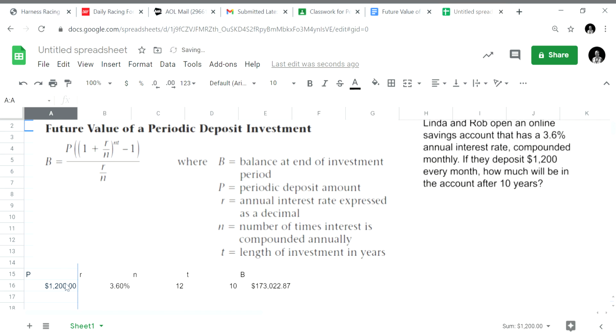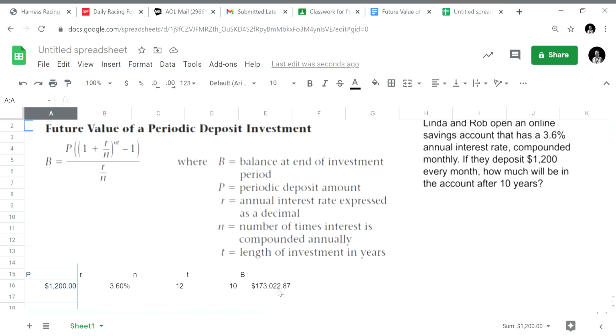It makes that money, and then it also converts this to money because we used this in our column. So you see what happens is if you deposit $1,200 every month, and you do that for 10 years, you're going to end up with $173,000. That kind of stuff grows pretty quick when you invest it.